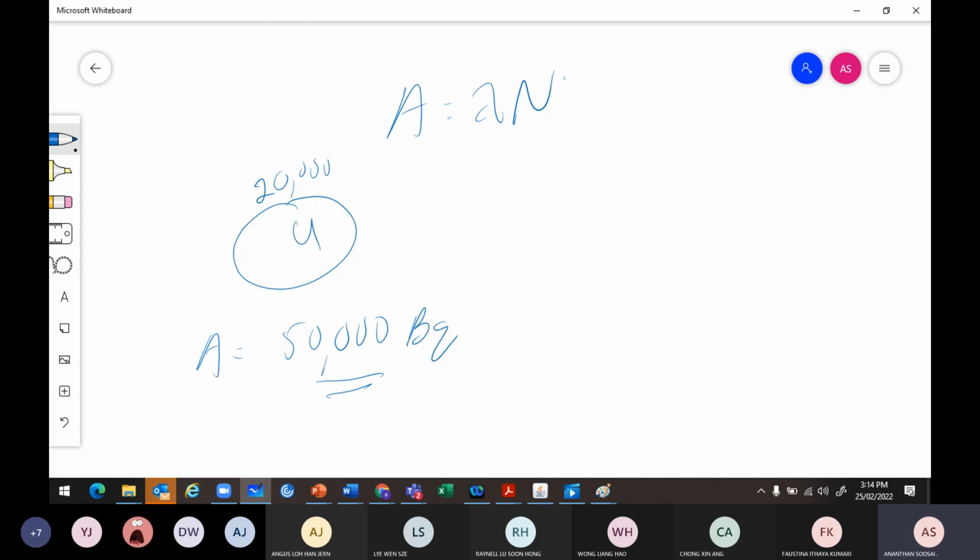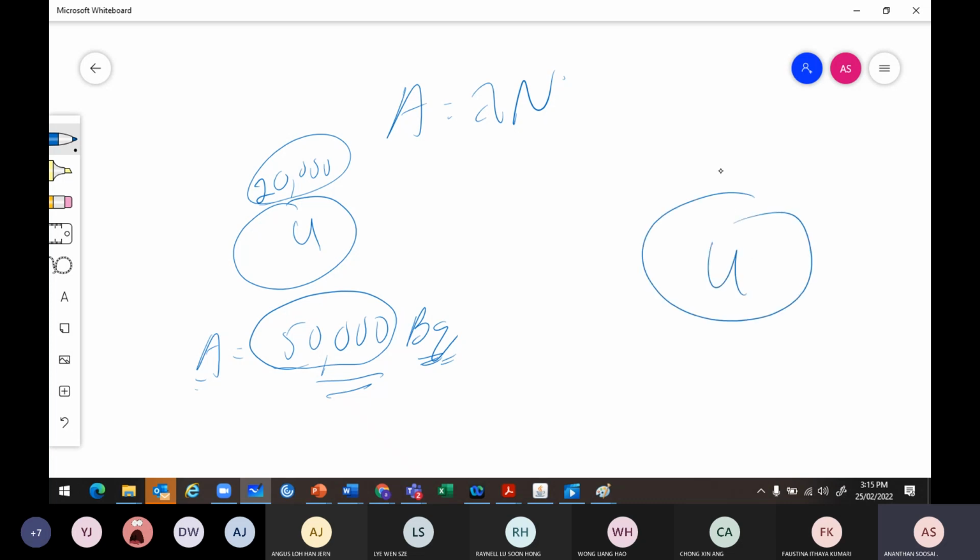What does becquerel mean? 50,000 becquerel means 50,000 disintegrations happen per second, that is, 50,000 nuclei disintegrate at a particular time. I'll come back to this unit later. So they tell you 20,000 particles have an activity of 50,000 becquerel.